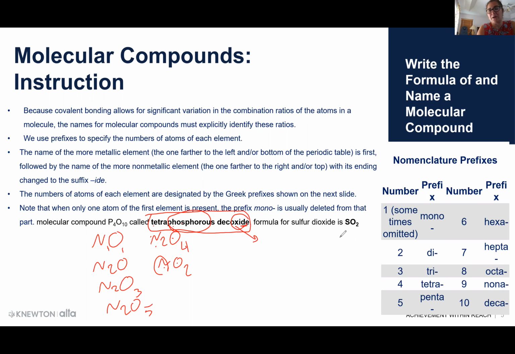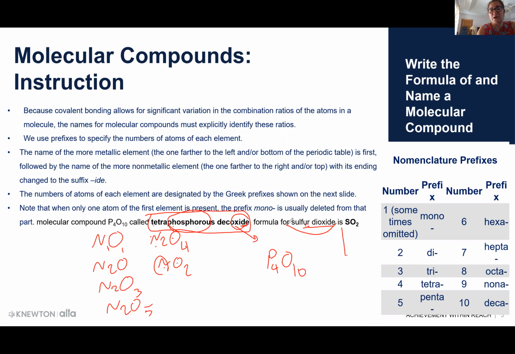In a molecular compound, you write the one on the left side, or the one that is closer to the metals, first. Phosphorus can go either up, down, or to the left for more metallic property. Phosphorus is more metallic than oxygen and has lower electronegativity, so phosphorus goes first and then oxygen. How many phosphorus is 4, and how many oxygen is 10.